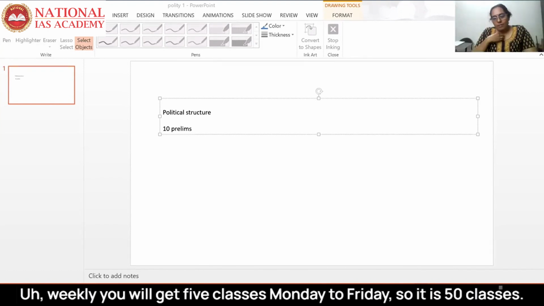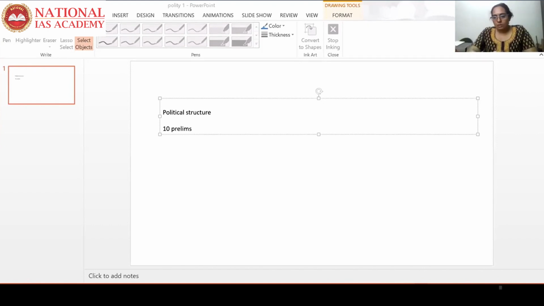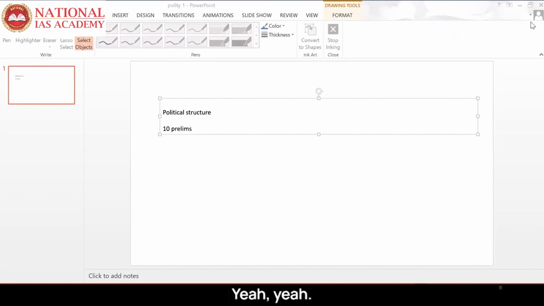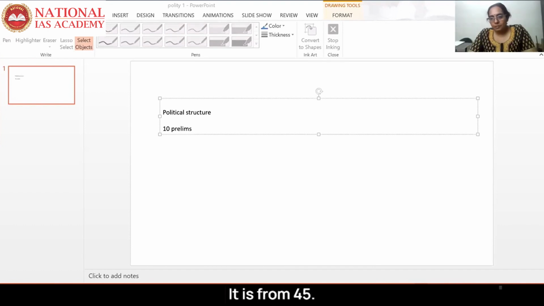Weekly you will get 5 classes, Monday to Friday, so it is 50 classes. And it is in this same window, today's 8 to 9:30 time? Yeah, it is from 8 to 9:45.